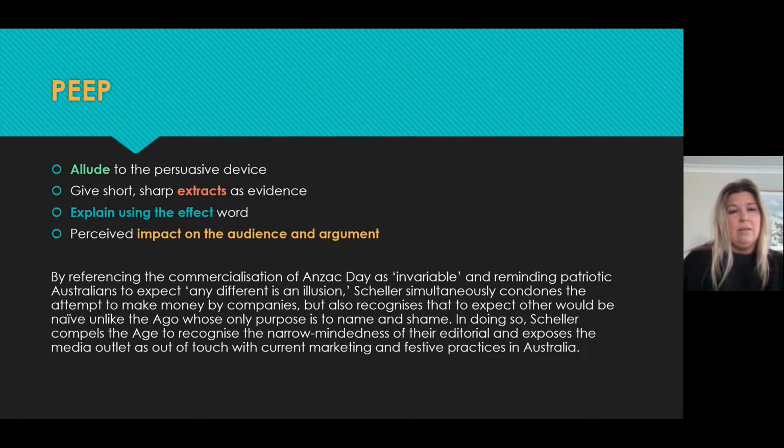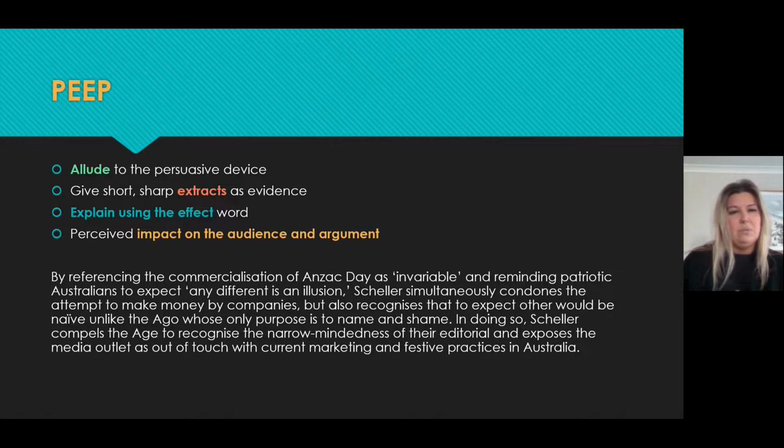Let's look at this zoomed in. When you're discussing the language strategies, you should allude to the persuasive device. And by that, I mean, do not label, work it into your sentence structure. You should then have short, sharp extracts as evidence. You must have quotes from the article, from the exact section, looking at the exact language strategy.